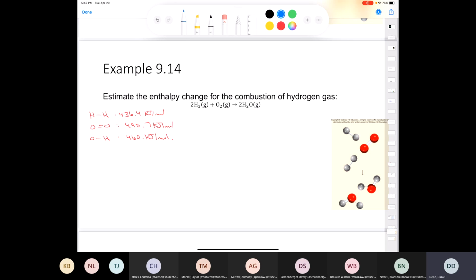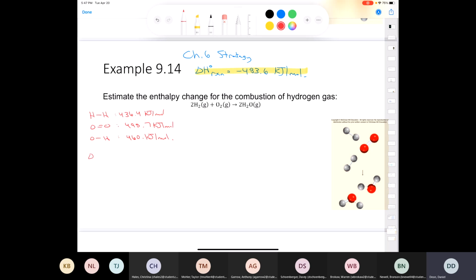Now, if you do it using the chapter 6 strategy, what you get is the delta H naught for the reaction, and I've already gone ahead and looked this up. It's negative 483.6 kilojoules per mole. So let's keep this value in mind, and we'll compare that to the heat of reaction when we use bond enthalpies. So let's give it a shot.